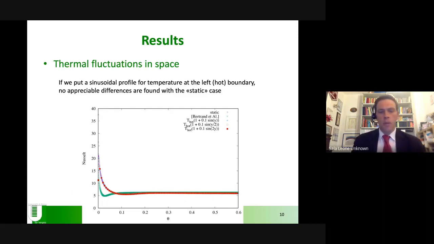So no appreciable difference considering different periods, different amplitudes. And why? Because the thermal capacity of the paraffin, we are mainly facing paraffins in these simulations, absorbs this local difference in temperature, and the melting proceeds basically in the very same way as with static thermal conditions on the left wall.